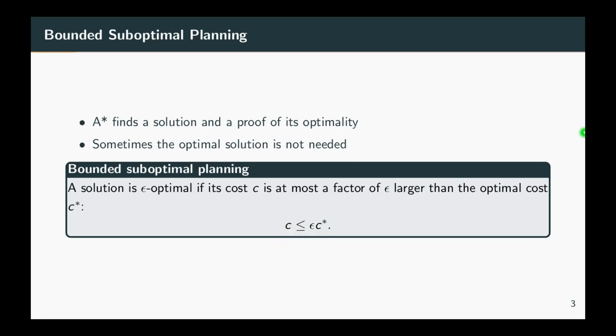And then, of course, if you set epsilon to exactly 1.0, you will get back your optimal solution. If you set it to something smaller than 1.0, it doesn't make sense because you will not be able to find such solutions, since C star by definition is the optimal lowest cost.